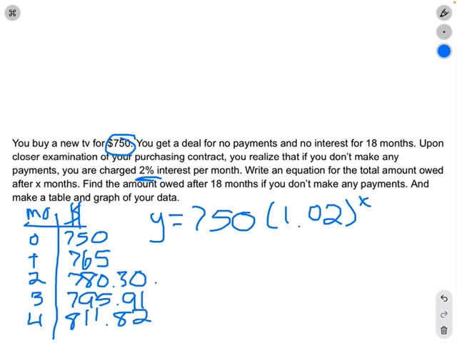So for 18 months, I can keep multiplying by 1.02, or I can just make this 18. So for that, I'm going to do 750 times 1.02 to the 18.